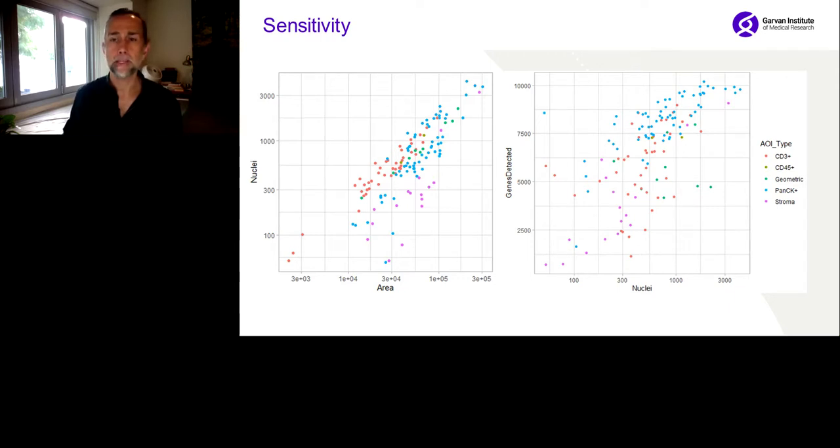But what's really pleasing to us is that we are detecting a really substantial number of genes in each of these areas of illumination, a median of something like 7,500 genes per AOI, which is really very impressive, I think. As you'd expect, there's a relationship between the number of nuclei that we capture and the number of genes that we detect in each of those areas of illumination.